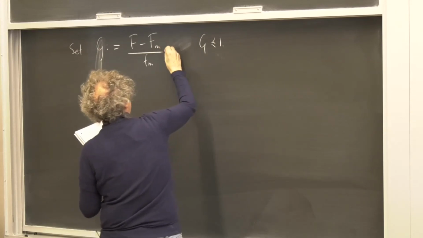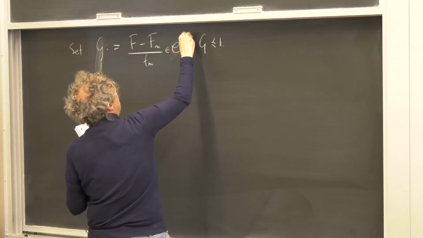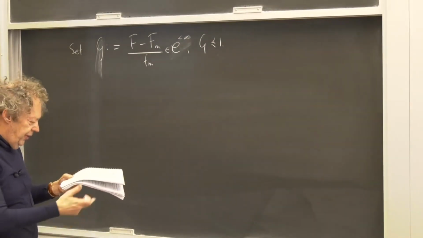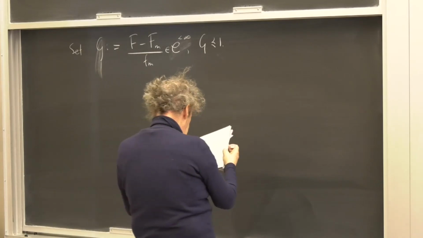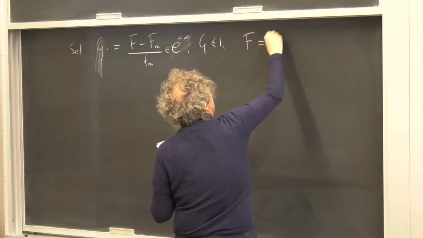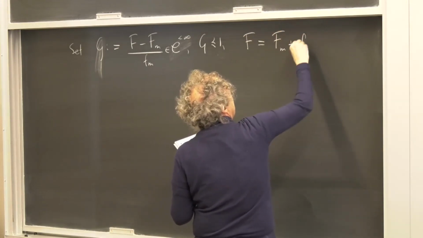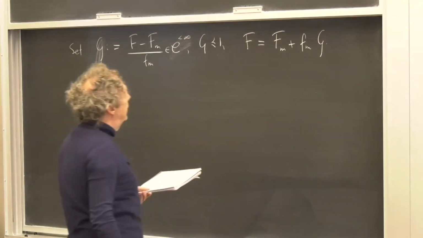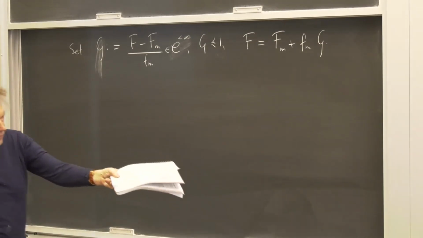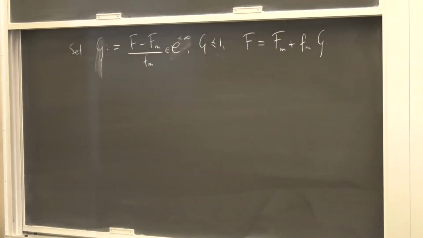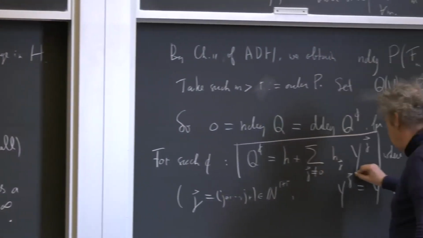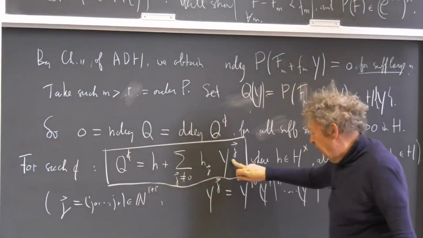For the moment this is just an element of this ambient differential ring, but it will be bounded, and F is indeed now Fm plus Fm times G. Right? So now we are going to plug in capital G for y.